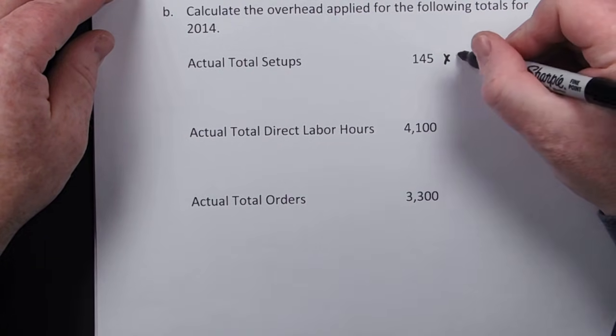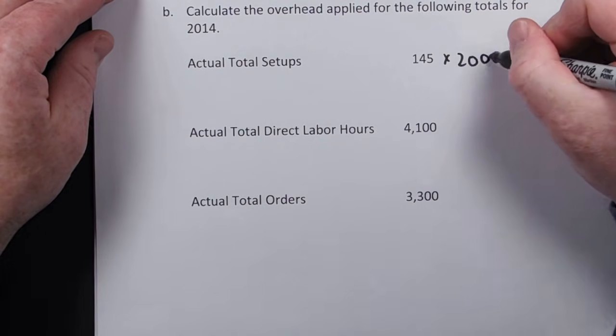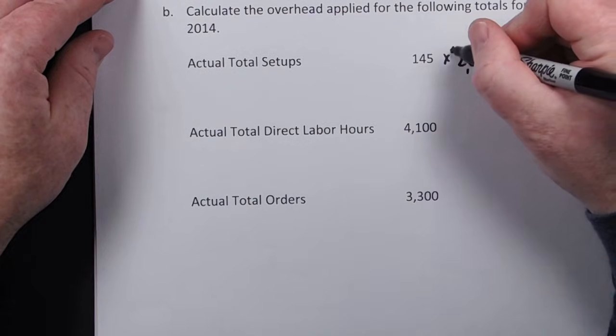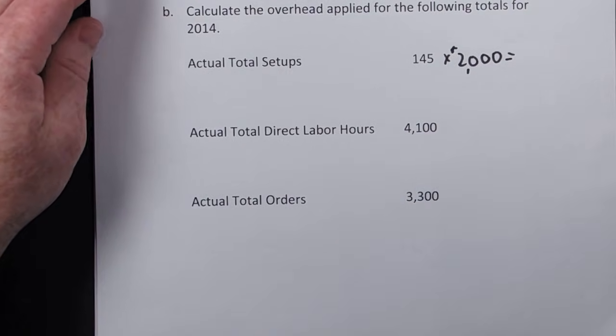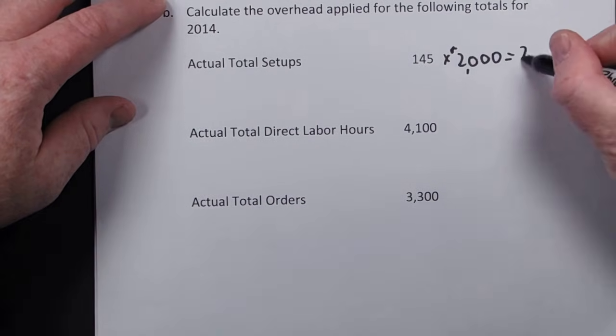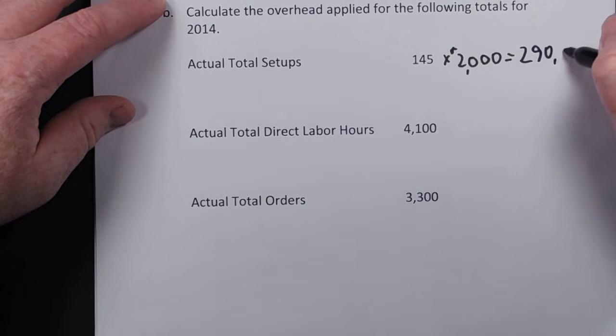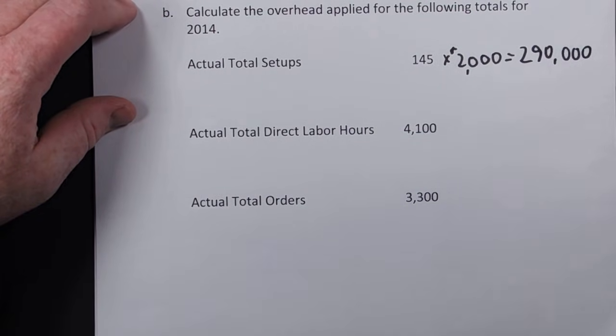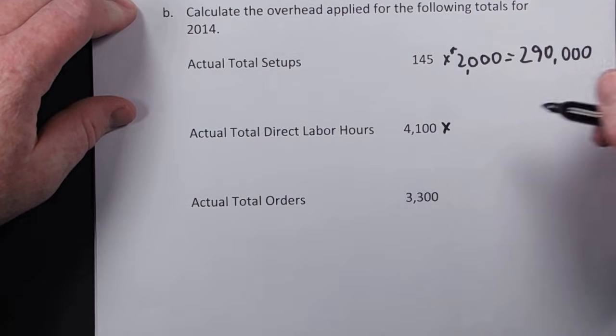So the setups, as you recall, are $2,000 apiece. Let's multiply that by 145, a total of 290,000. Same thing for direct labor hours.